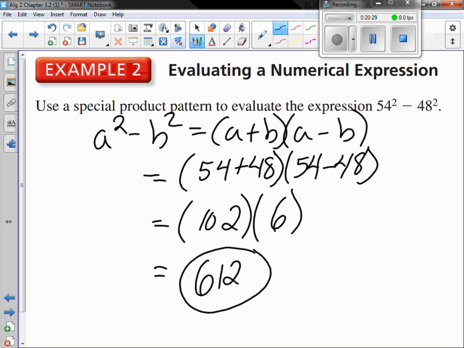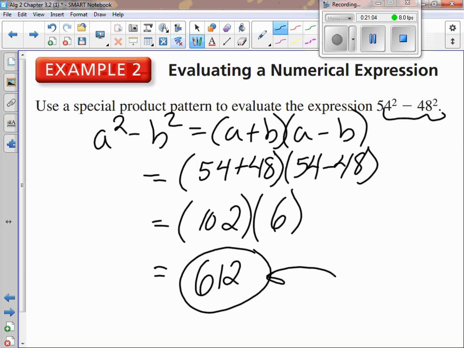Try plugging that into a calculator. 54 squared minus 48 squared. So realize you got it earlier, anything else?